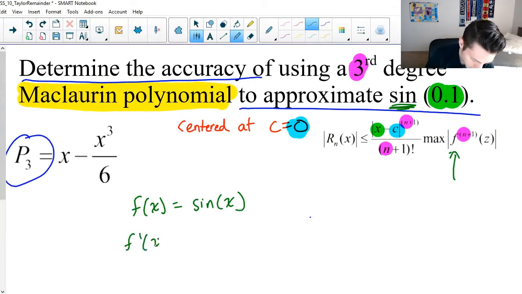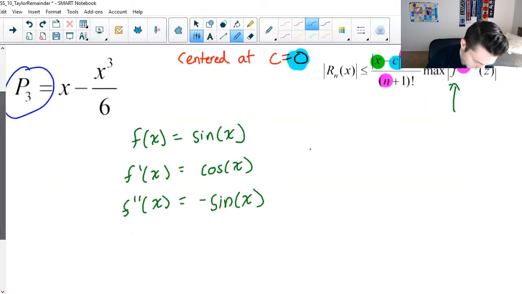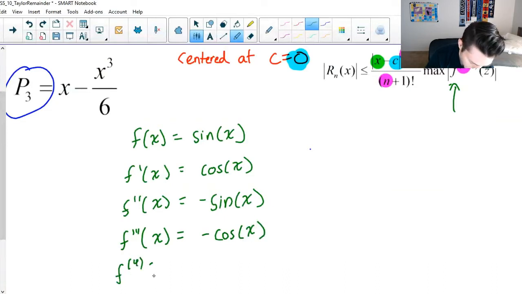So I'll just go through these derivatives. f prime is cosine. f double prime, negative sine of x. f triple prime, negative cosine of x. And the fourth derivative, again, we can write it like this, would just get me back to sine. Okay, great. I'm right back where I started.